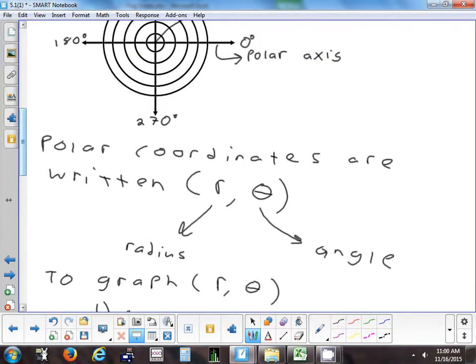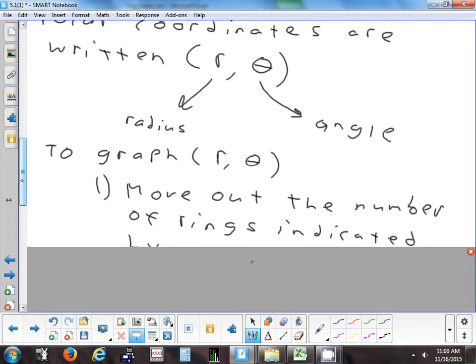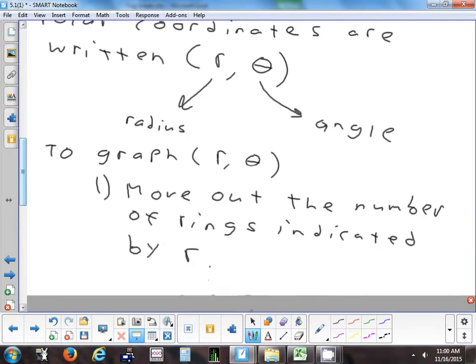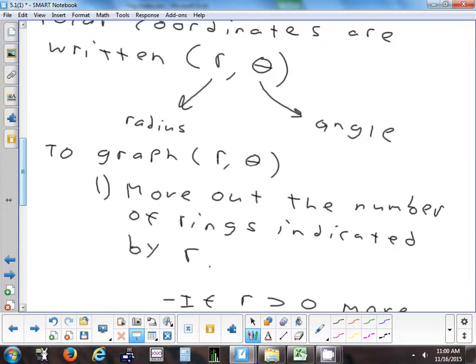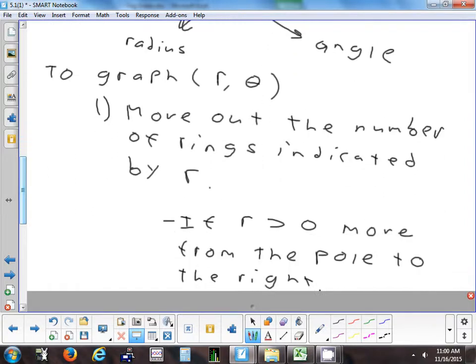You can either go left or you can go right. Just like x, it all depends if it's positive or negative. If you're given a positive value for r, you go to the right. So let's say r was 3. I'd start at the pole, and I'd go to the right 3 circles.